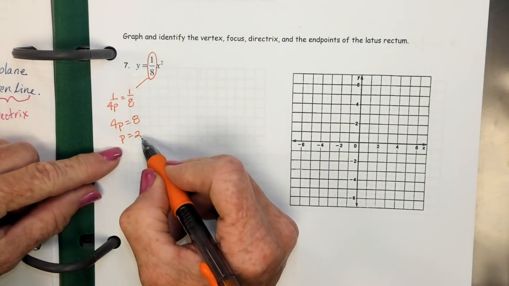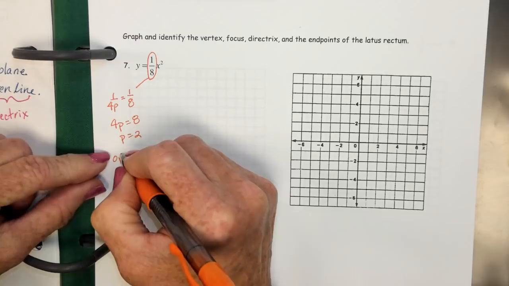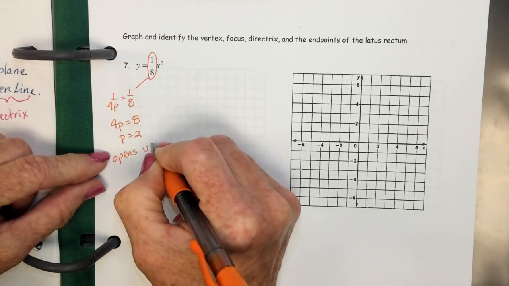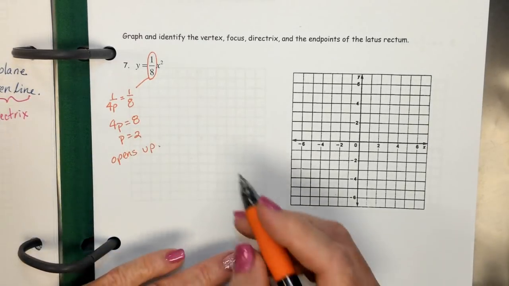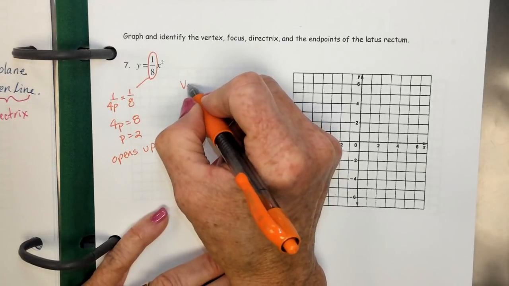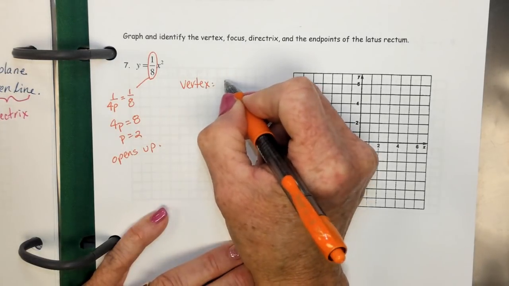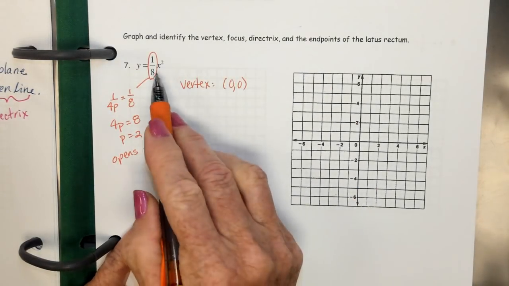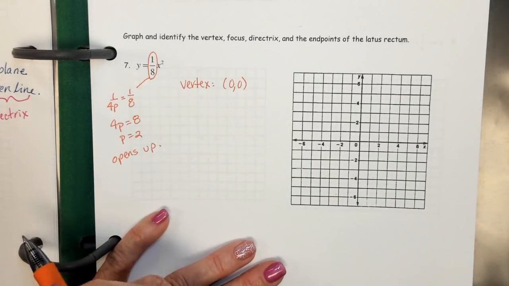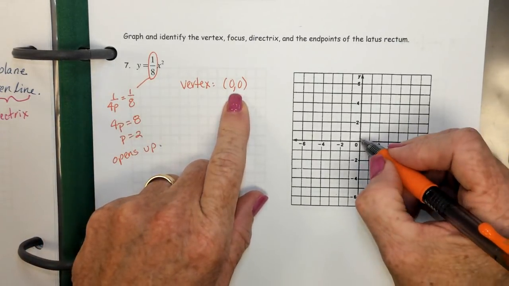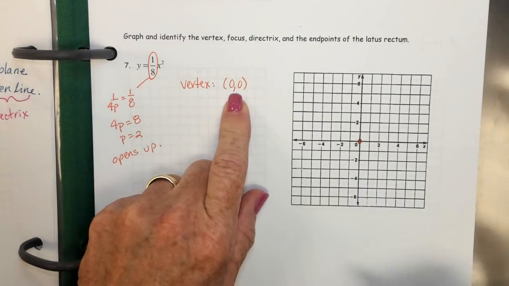Because that p value is positive, this parabola is going to open up. The vertex is at (0, 0). We didn't add or subtract anything in here. So the vertex is (0, 0).